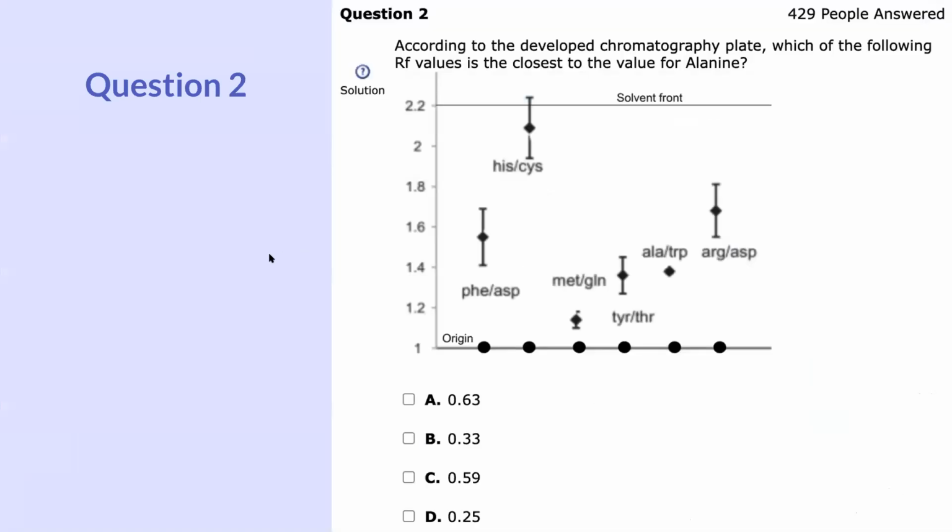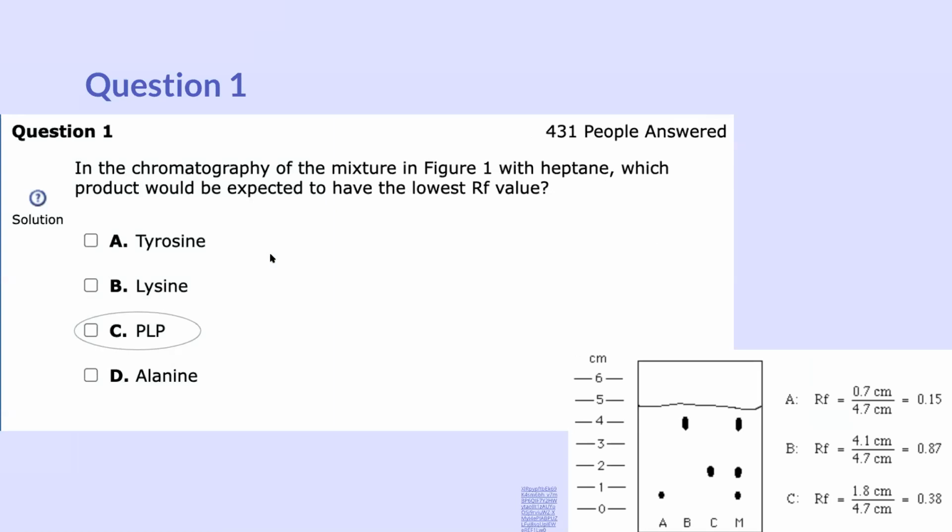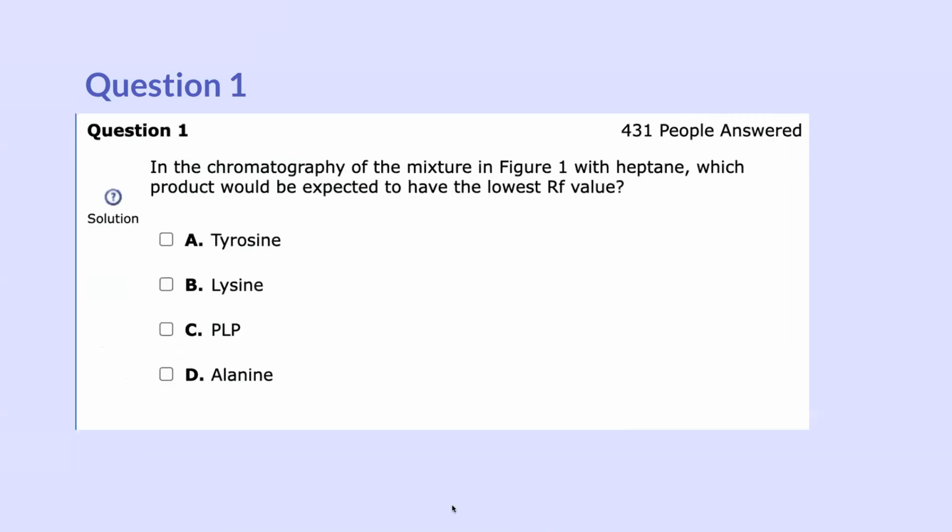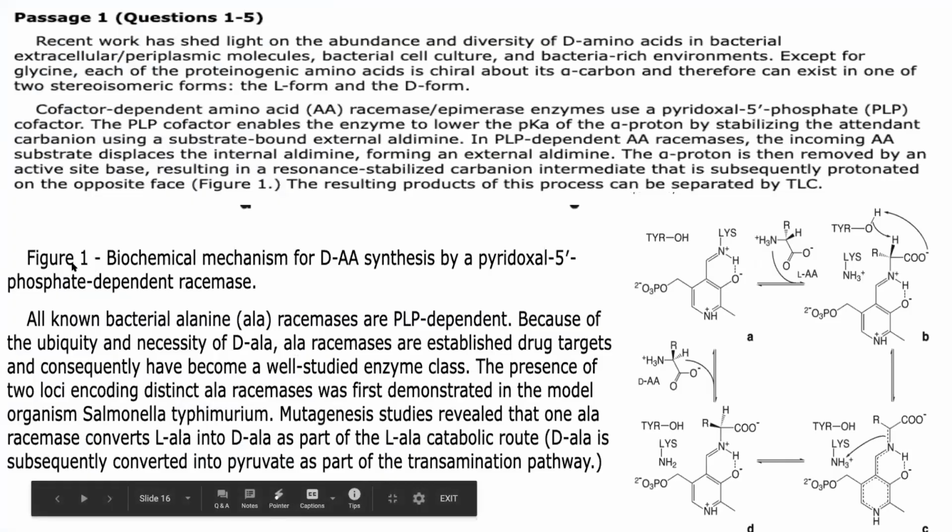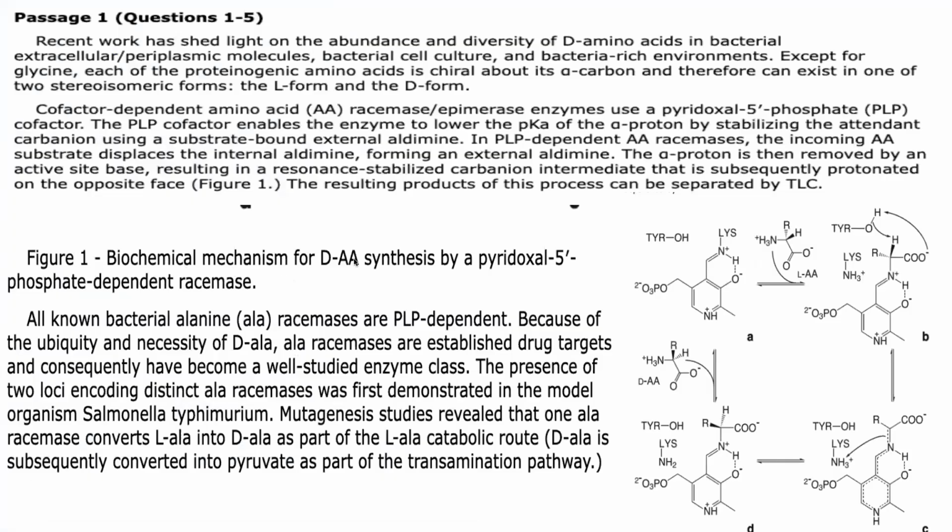This is a silly question for the first one, but I was going to ask you, because it was hard for me to really digest what the passage was saying. So I guess the passage told us that figure was PLP. Yeah, so it says figure 1, biochemical mechanism for the amino acid synthesis by the PLP.